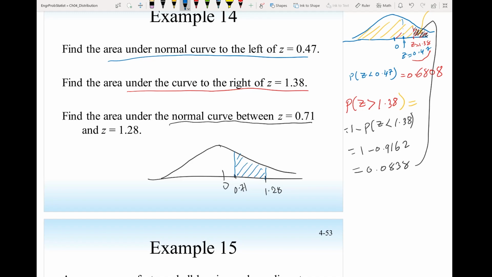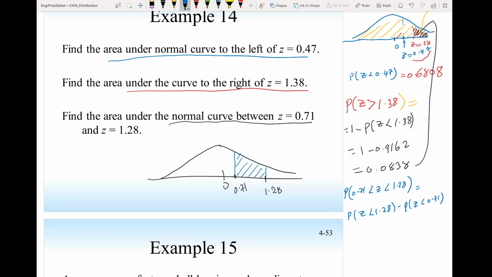So that is the probability z larger than 0.71 and less than 1.28. This is the same as the probability z less than 1.28 minus the probability z less than 0.71. Remember, the table only gives the area to the left of the z value.